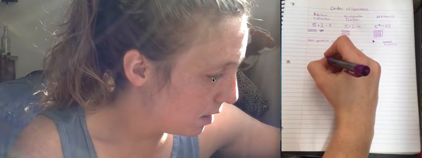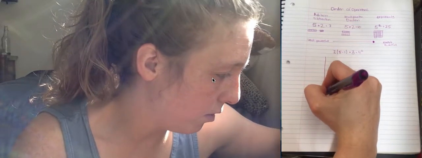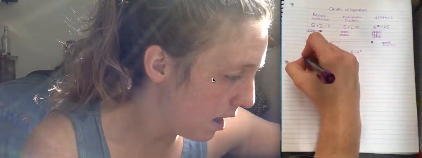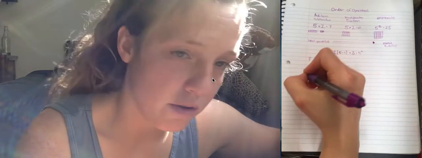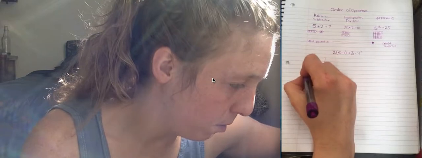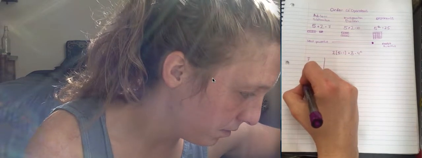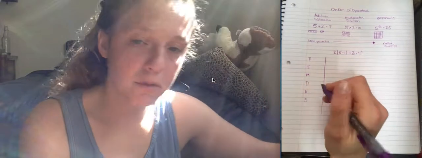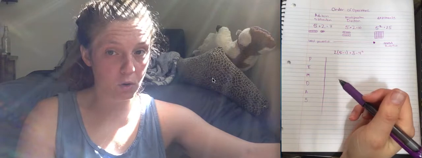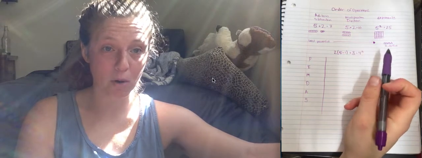Okay, the way I'm going to organize it is I like to draw this one line, and then write these letters. Some of you might recognize them from what we talked about before. This is PEMDAS. PEMDAS is a shortcut people use to remember the order of operations when they can't remember most powerful to least powerful.